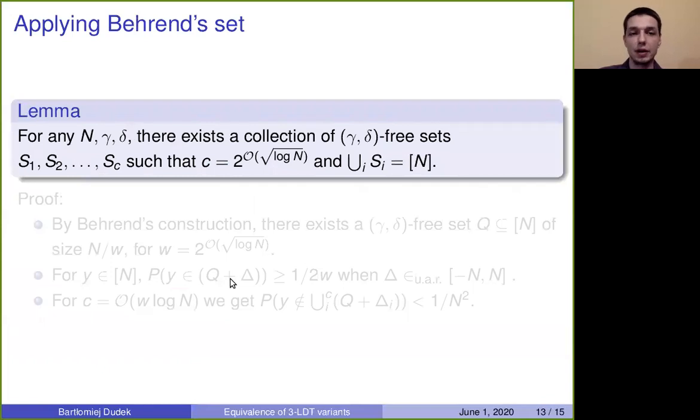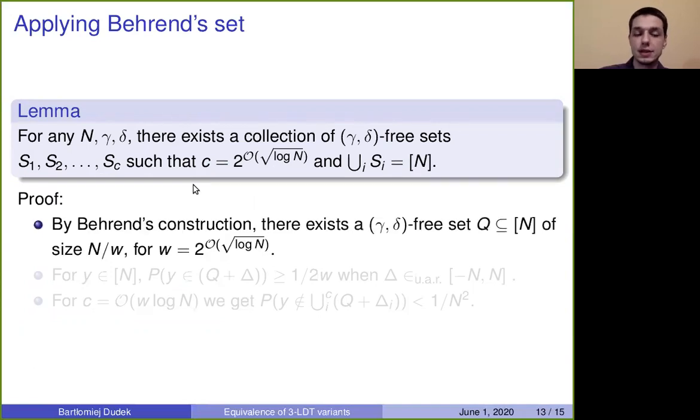And how do we apply Behrend sets to obtain a partition of the universe into a small number of sets? We start with one set which is dense, and we know that it exists from Behrend's construction.